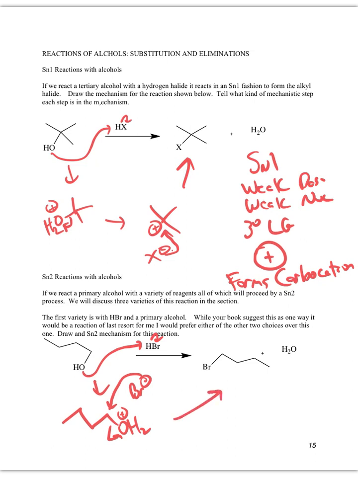In an SN2, a primary leaving group works best, and works best with a good nucleophile and a good leaving group, but in this case we can do it with HBr in that we make the good leaving group and then do something with it.